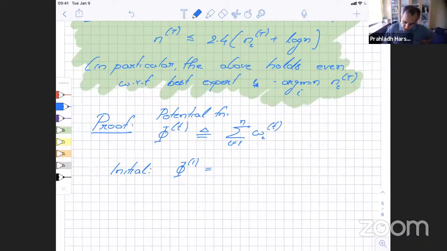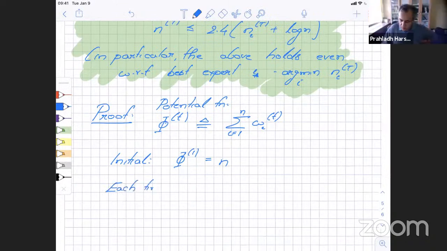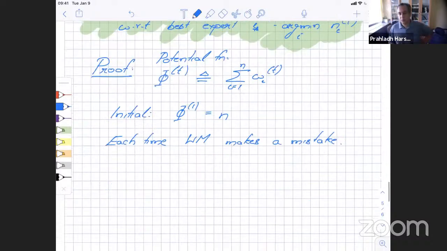Now, each time Wm makes a mistake, what happens? How does this potential change?